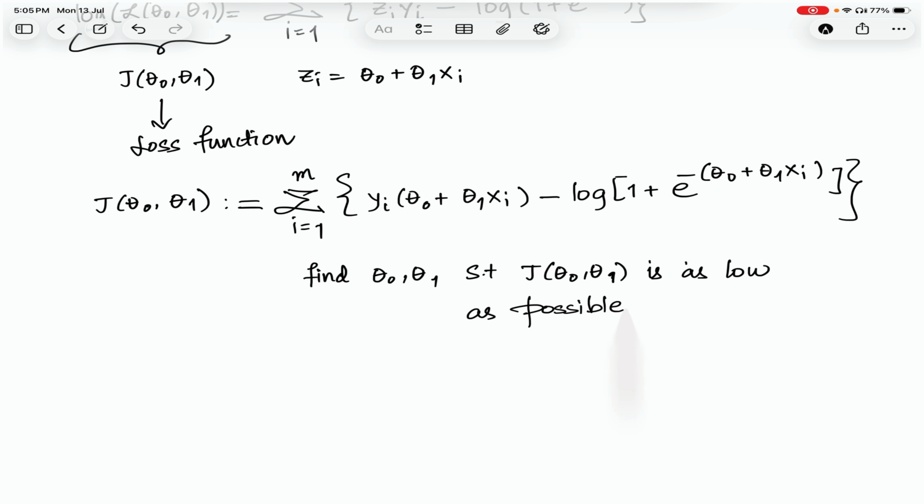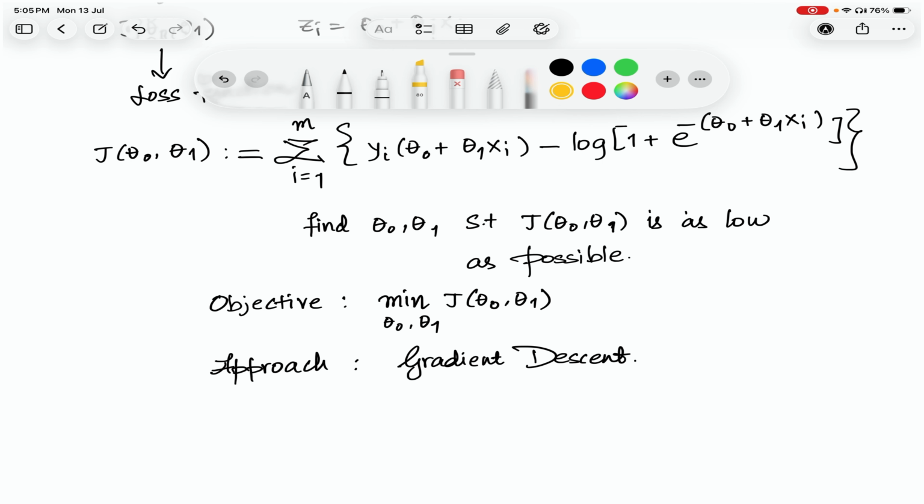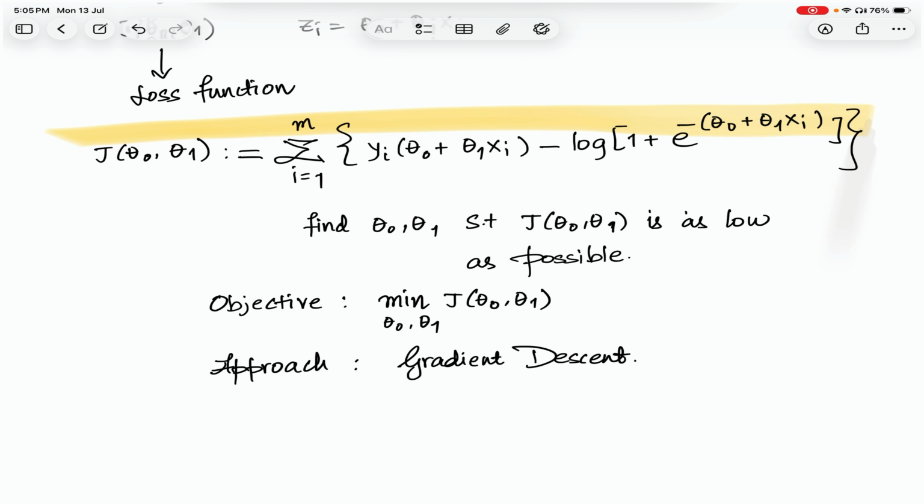All right. This is our beautiful loss function that we have here. This is what we're trying to optimize.